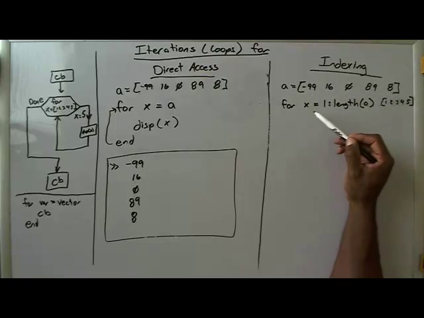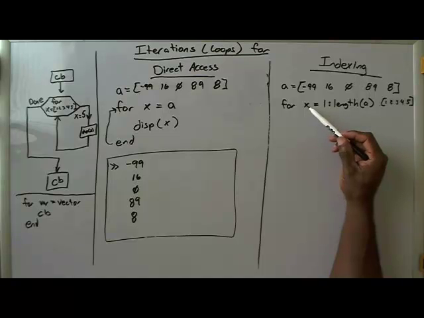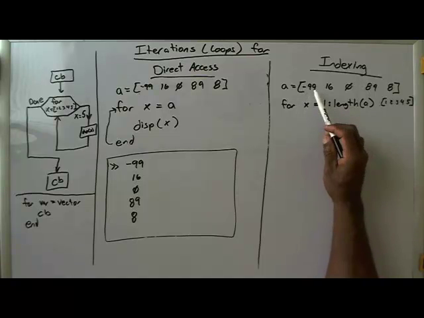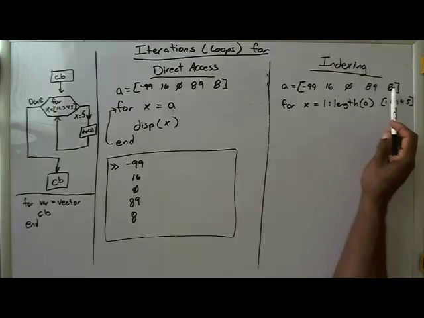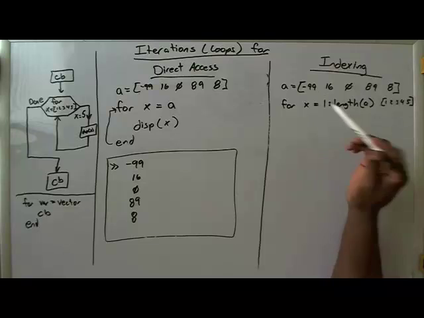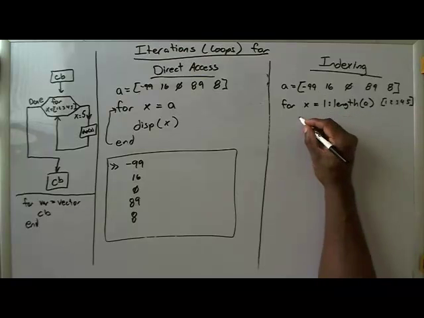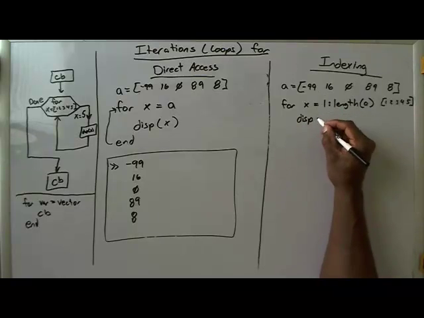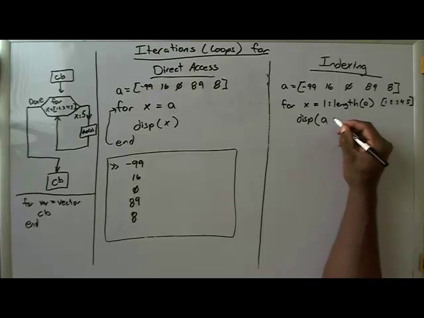So what I've done is x doesn't equal the direct access. It's not going to equal directly the values in a, but it's going to equal the indexes of the values of a. And this is how I use that. So instead of displaying x directly, I'm going to display a indexed at x.